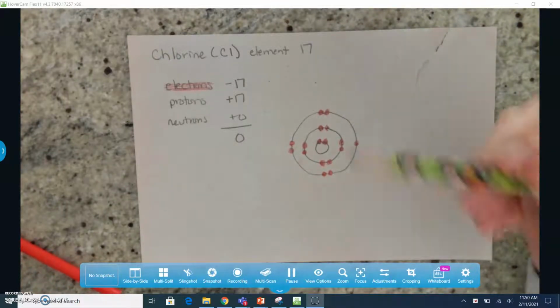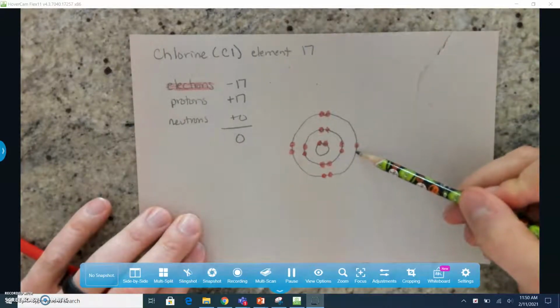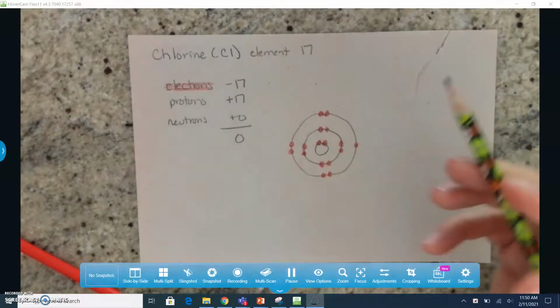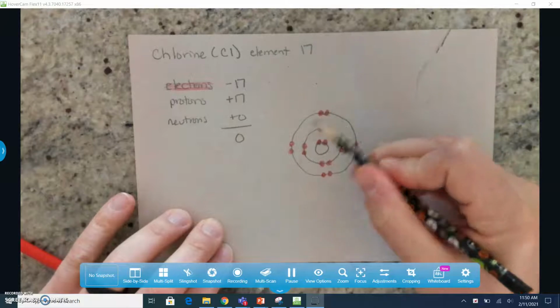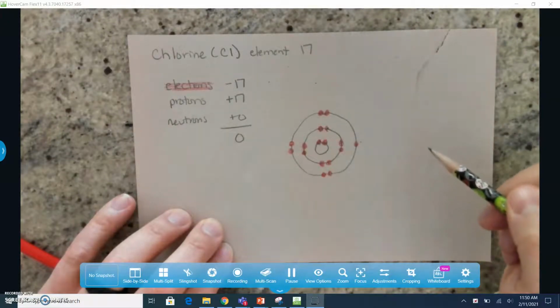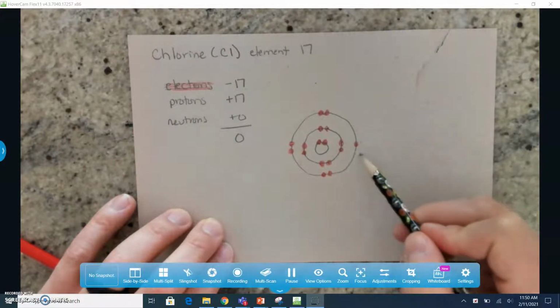But it is not stable because I'm missing 1 electron in this outermost valence shell. So I can again do one of 2 things to make chlorine have a full valence shell. I can make these 7 electrons go away, or I can find 1 electron floating somewhere and bring it in here.